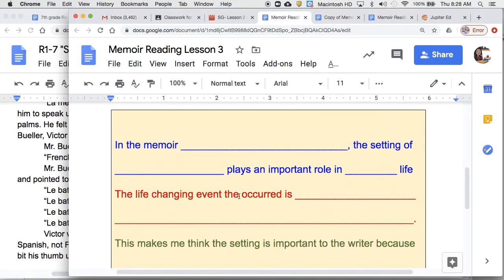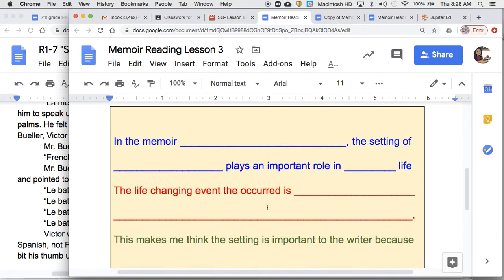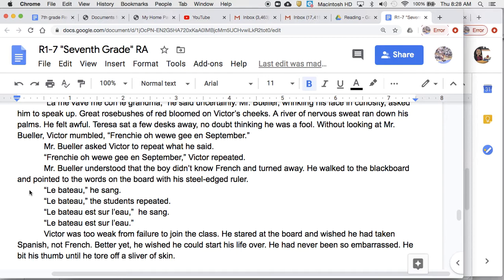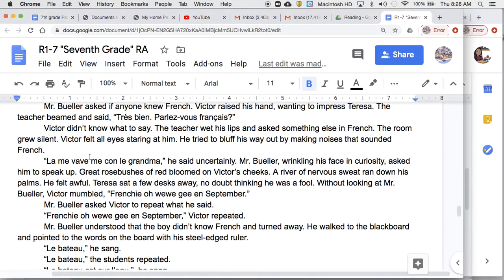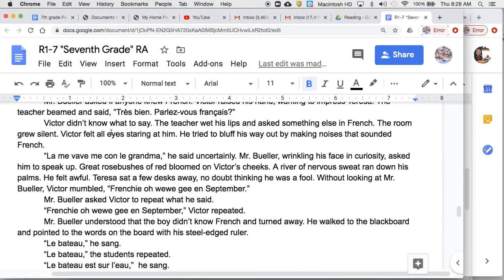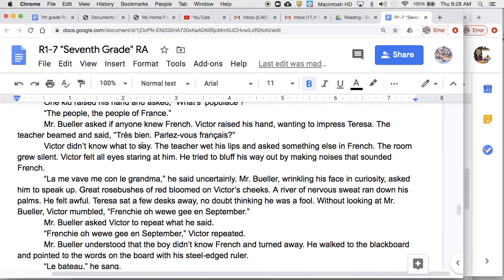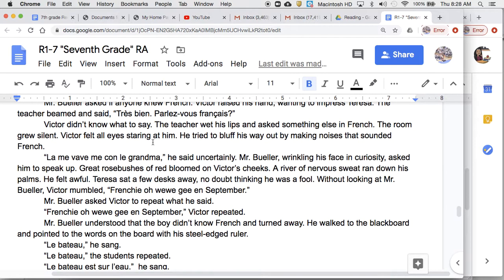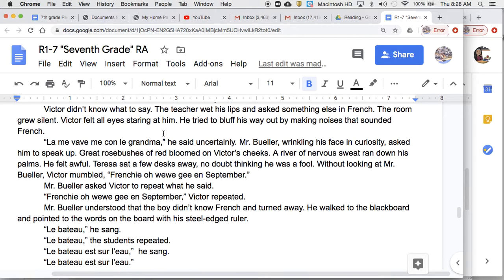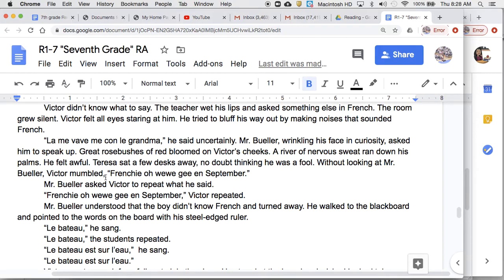So I'm going to continue with the example that Ms. Huang was using yesterday from 7th grade. And remember, this is a story about Victor, and he's trying to impress his classmate Teresa, so he pretends that he can speak in French. And the area that I'm focusing on is this part right here. After the teacher asks who speaks French, and Victor volunteers and says that he does, then the teacher starts speaking to him in French, and he gets a little embarrassed.